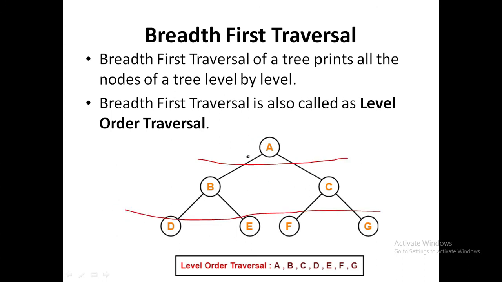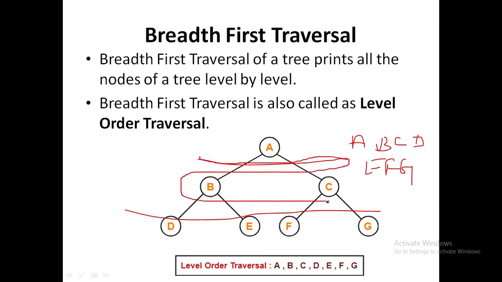Traverse from the first level, A. After that, write the next level, B, C. After that, the next level, D, E, F and G. So level order traversal or breadth first traversal means we write the values level by level, from left to right.